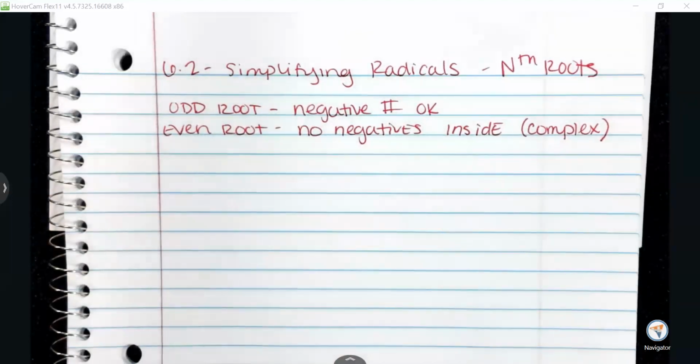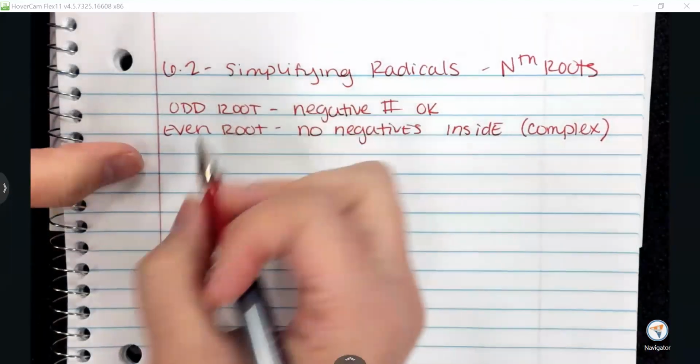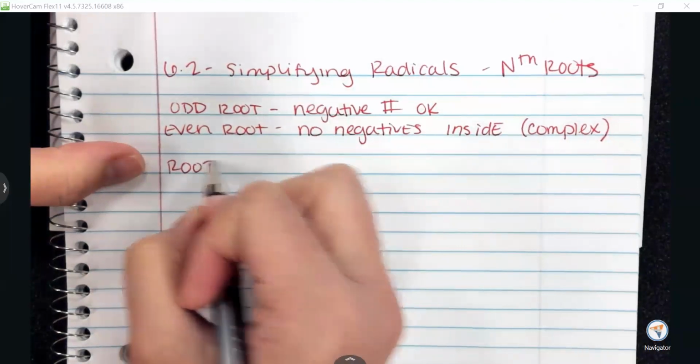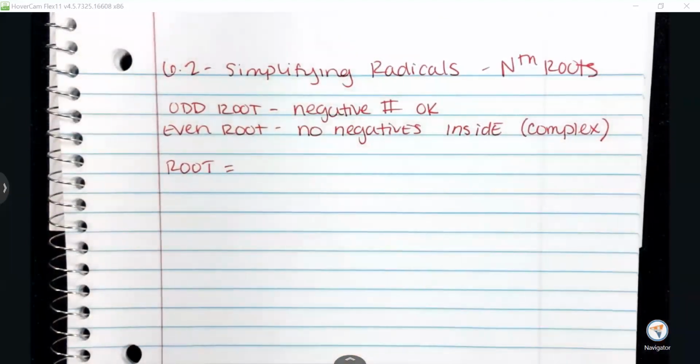So the root tells you the number of groupings. So square root is a root of 2. We needed 2 of a kind. A cube root is 3. You need 3 of a kind. Are we catching on here?